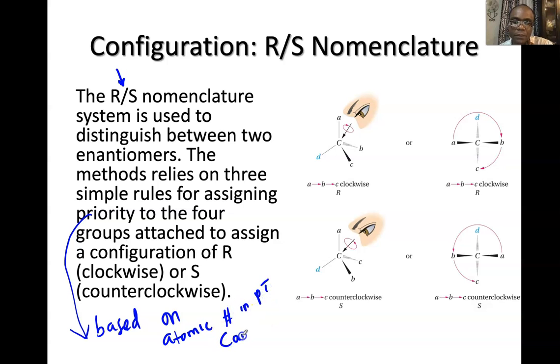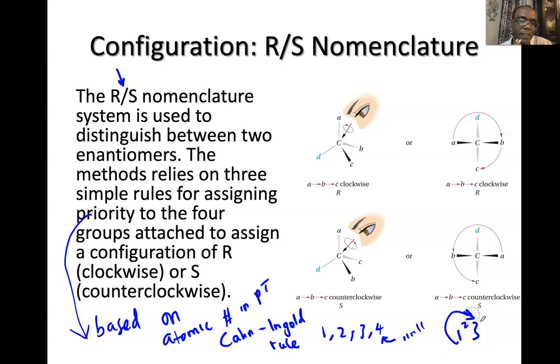This rule is called the Cahn-Ingold-Prelog rule. So we'll assign numbers 1, 2, 3, 4, and before you assign R or S, the fourth group must always be away with a dash bond. And the 1, 2, and 3 will be considered to decide whether you're going clockwise, which will be the R, or counterclockwise, which would be the S.